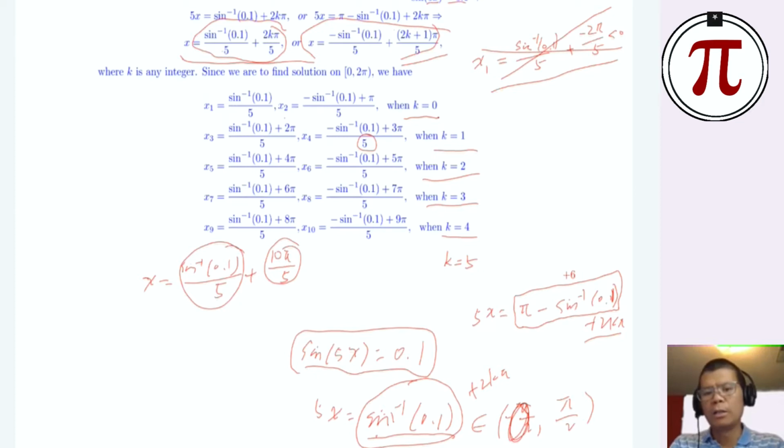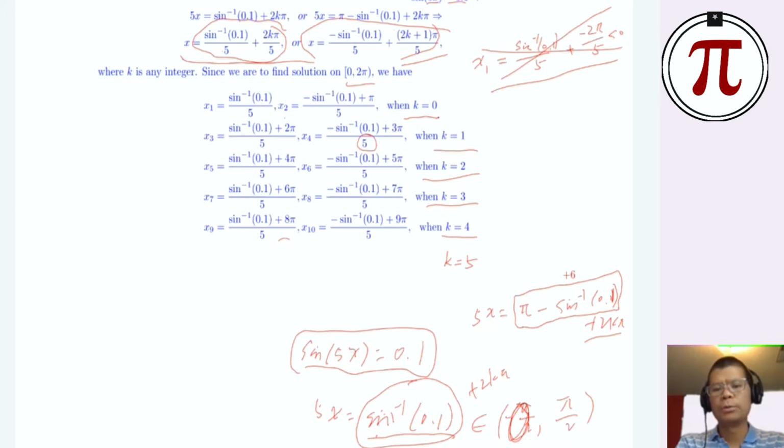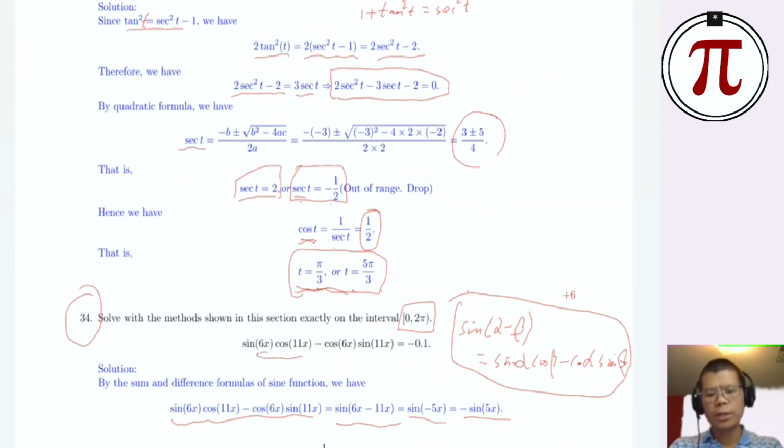That's going to be out of the range, correct? So I cannot have k equal to 5. That's why I'm just taking k from 0 to 4, and I have these 10 possible values on this interval from 0 to 2 pi, such that this equation holds.